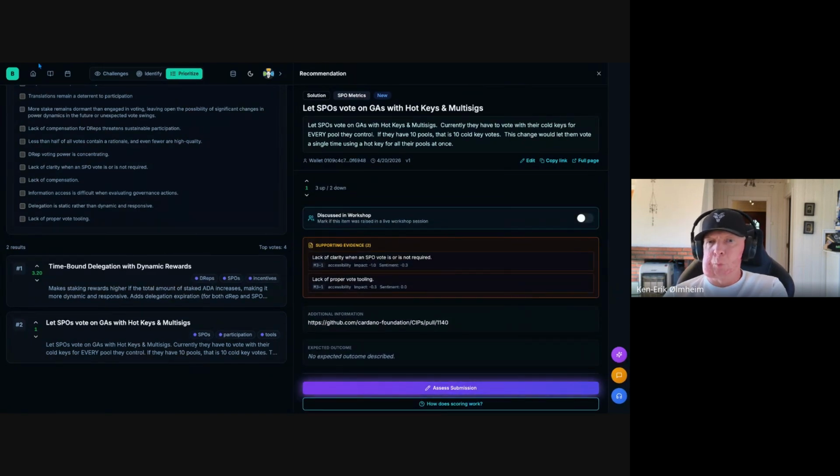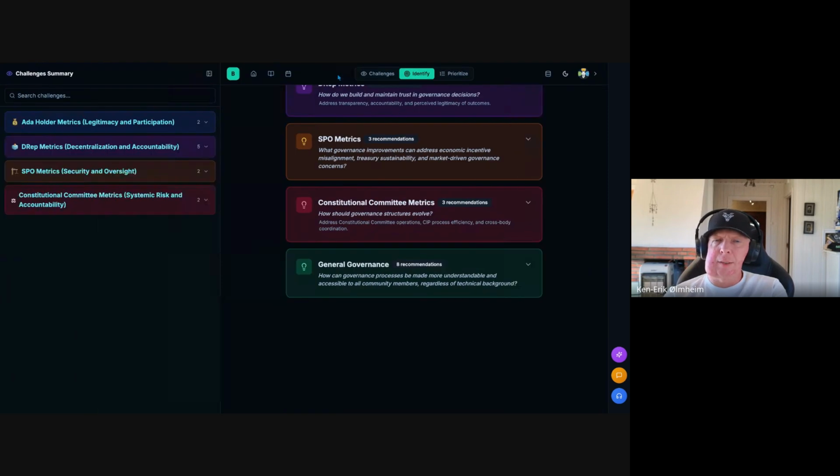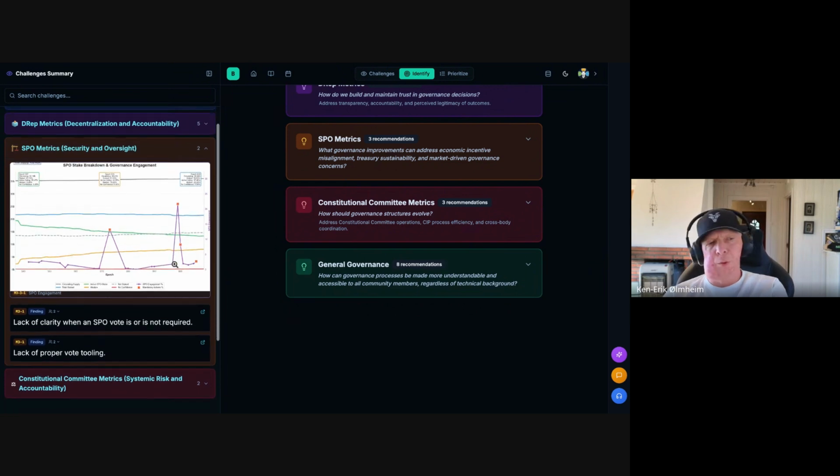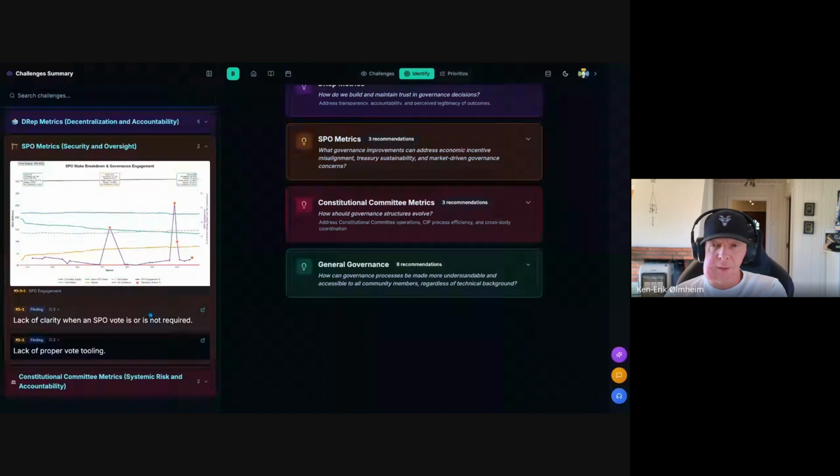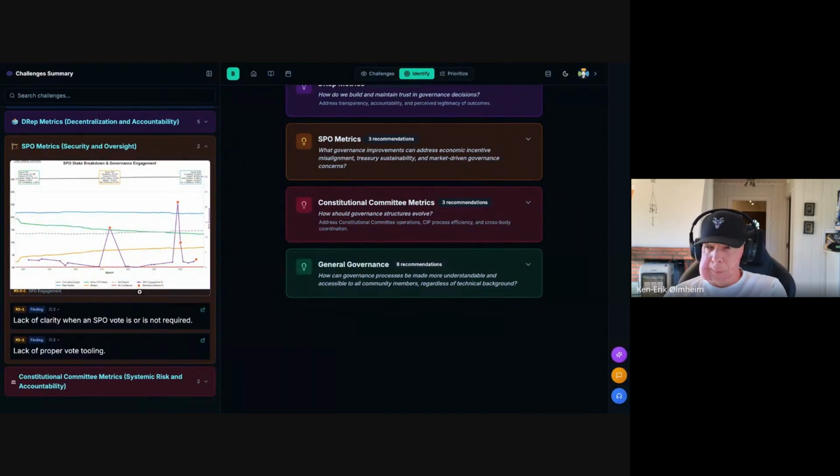We can see that they always abstain. Basically, the number of SPOs who don't want to have anything to do with governance or choose not to participate is increasing.